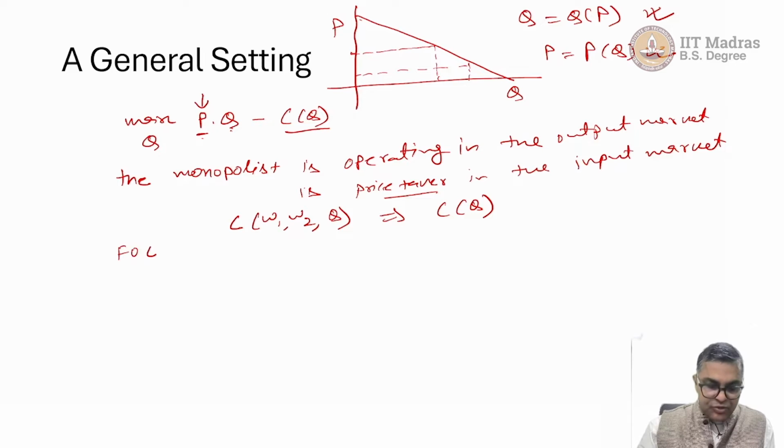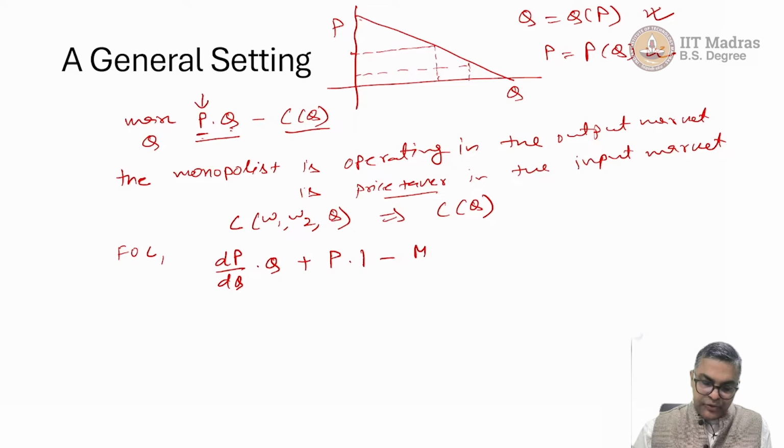And by the way, this is not new. When we were talking about price elasticity of demand, to get the cutoff for the elasticity, this is exactly what we had done, and we are going to repeat it once again. That would be revision for you. If you differentiate P times Q with respect to Q, you will get dP by dQ times Q, and then you will have just P, as you differentiate Q with respect to Q, you will get 1, and this you will get MC of Q. This is the total cost, this is the marginal cost.